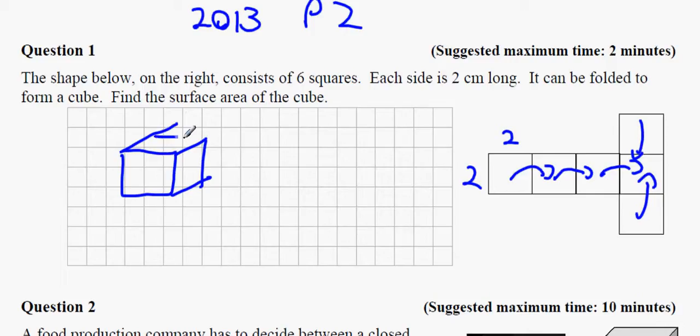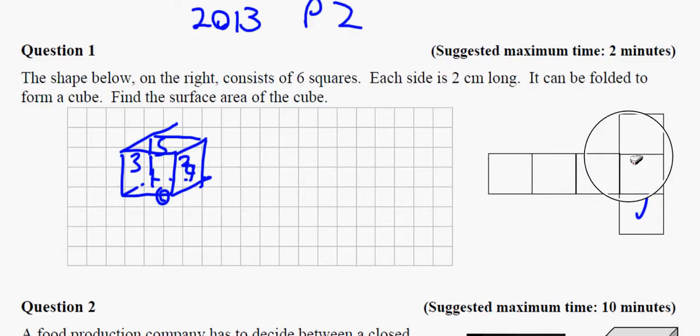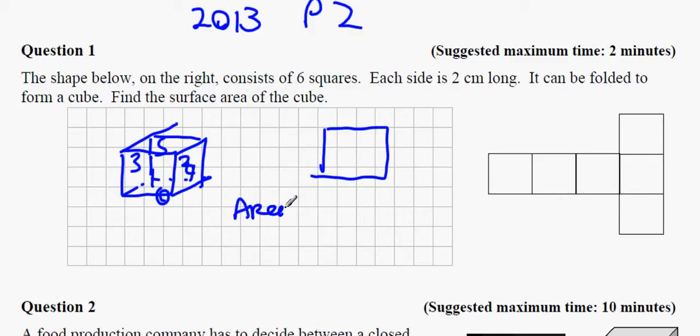So a cube has 6 sides, okay? If you remember from cubes, they have 6 sides: 1, 2, 3, 4, top and bottom, 5 and 6. So what we have to do is find the surface area of each square. Remember, to get the area of a square, you multiply length by width. So area equals length by width.